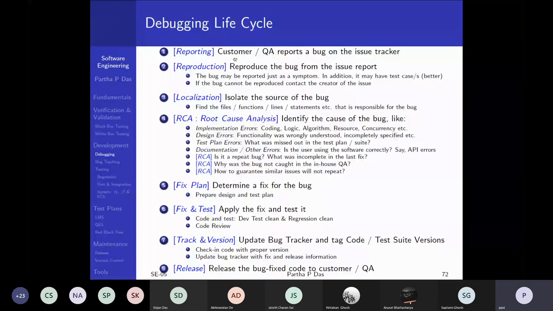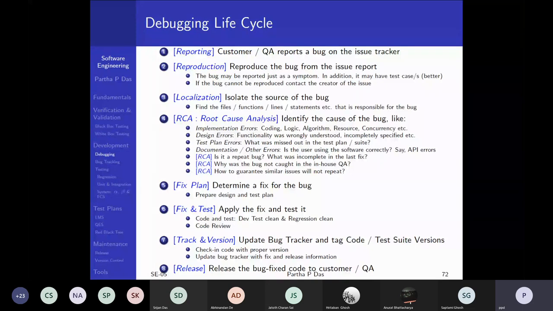Then once a bug is reported, let's say it comes to you, the first thing you have to do is to reproduce the bug. The bug report is saying that this input and this output is observable. Now you put that on your version of the software, what you have at hand, and see, are you observing that output? Maybe you don't see that bug.